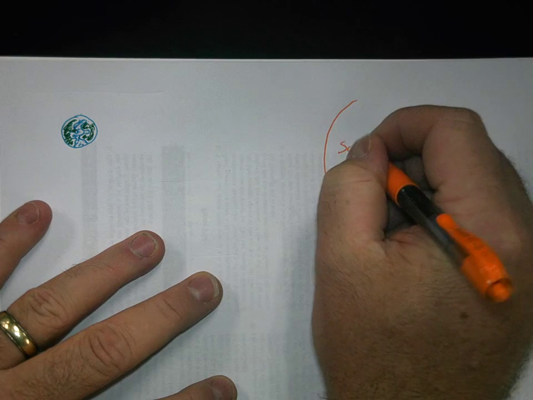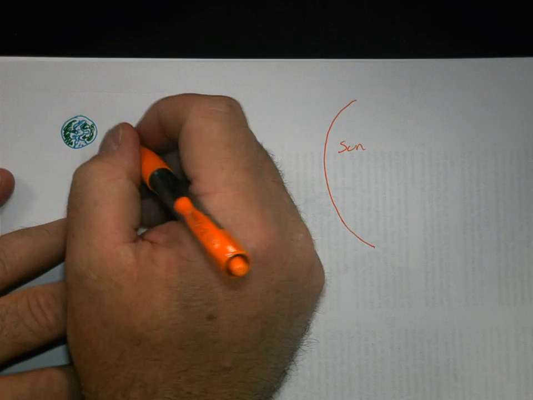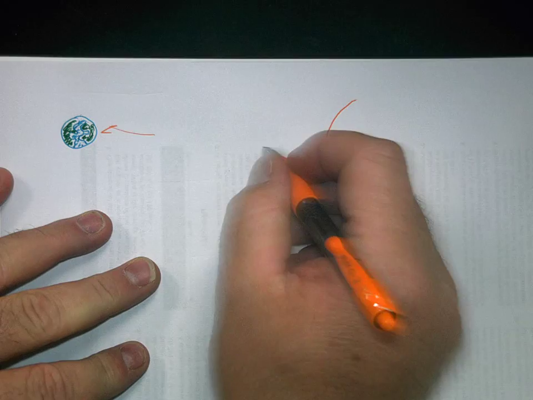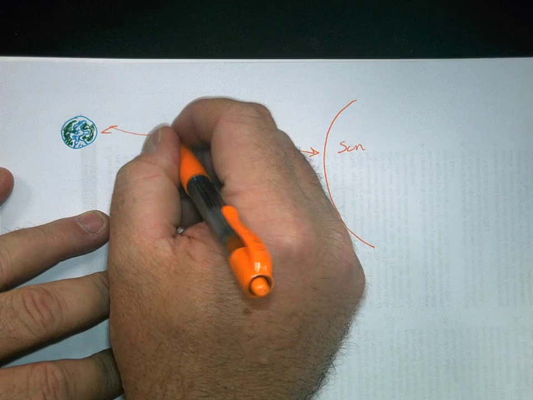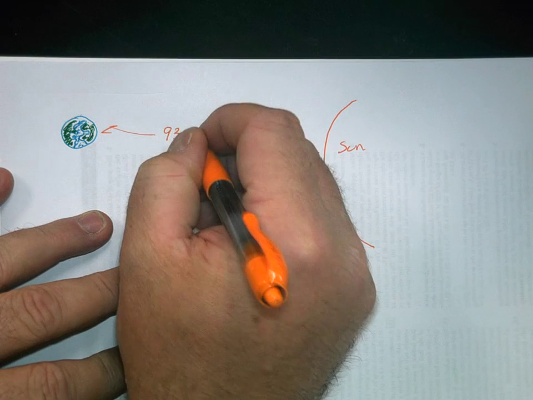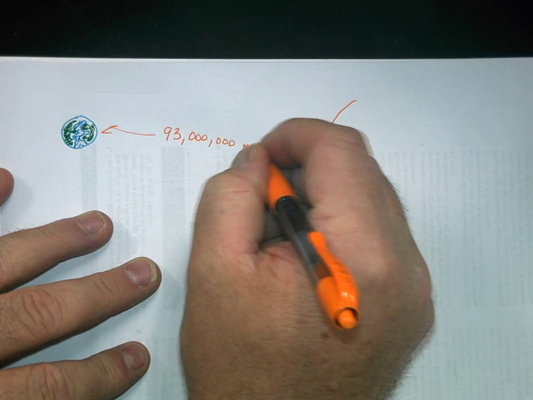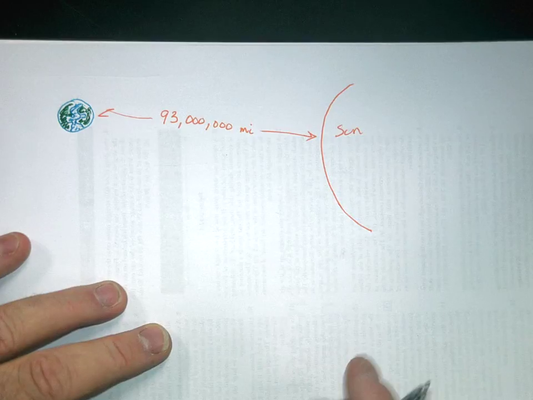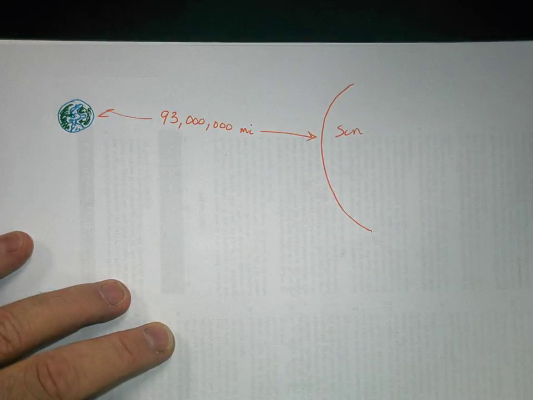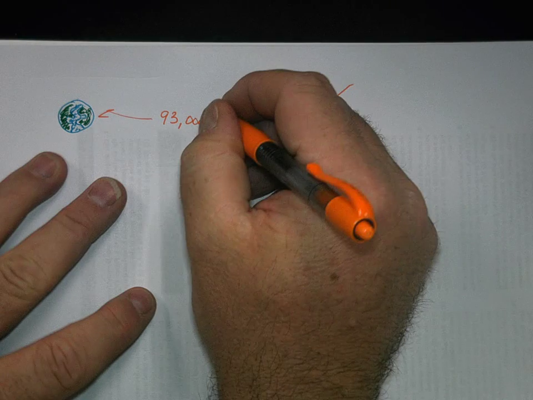The distance from the Earth to the sun is 93 million miles. However, what if I told you that we actually know this distance to the nearest thousandth of a mile?